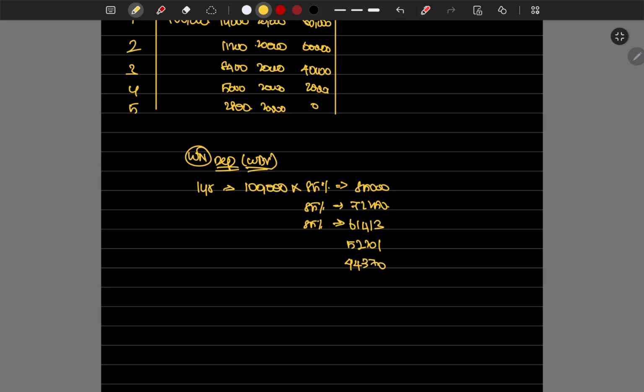Difference we'll calculate. 15,000 is the difference. 85,000 minus 72,250 is 12,750.